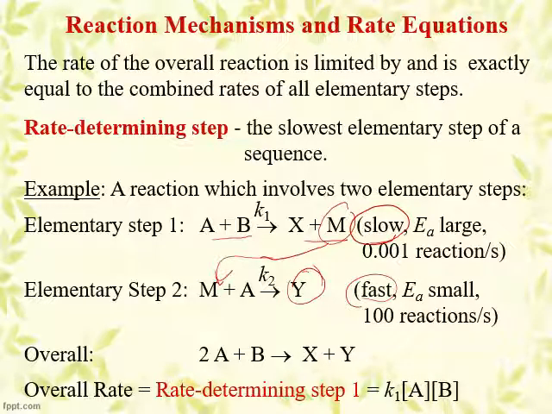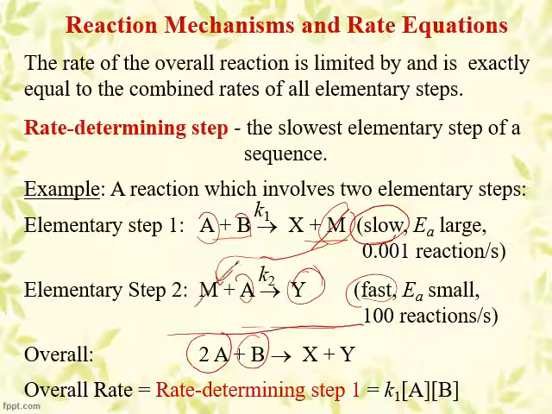So we can find the overall reaction from these two elementary steps. We have 2A and 1B. M is the intermediate, so it is not reflected in the overall reaction. And then we have X plus Y here.